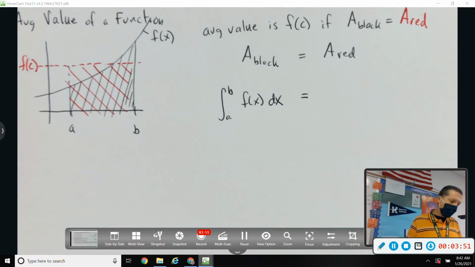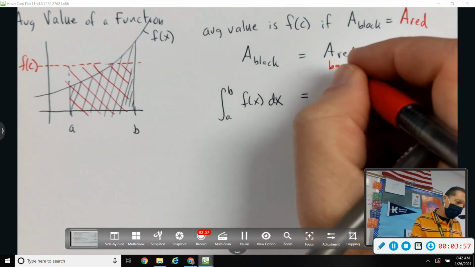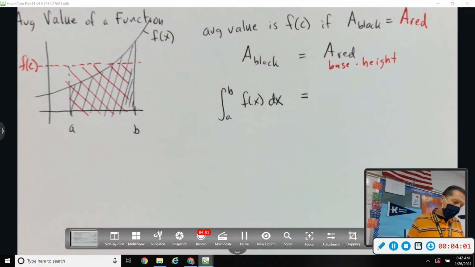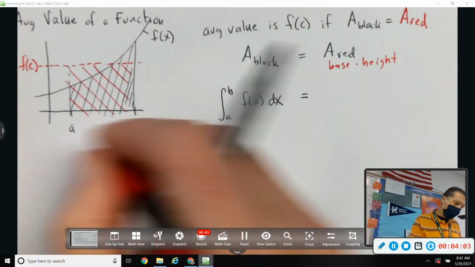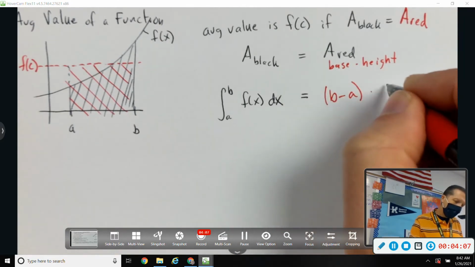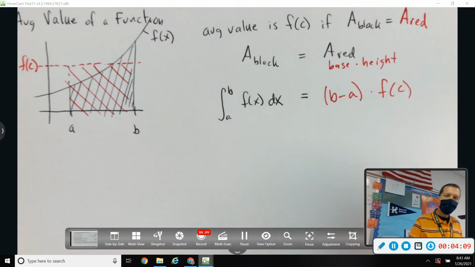The red area, that's even easier because that's a rectangle. That's just base times height. So the base is b minus a, and the height is this f of c that we don't know what it is.